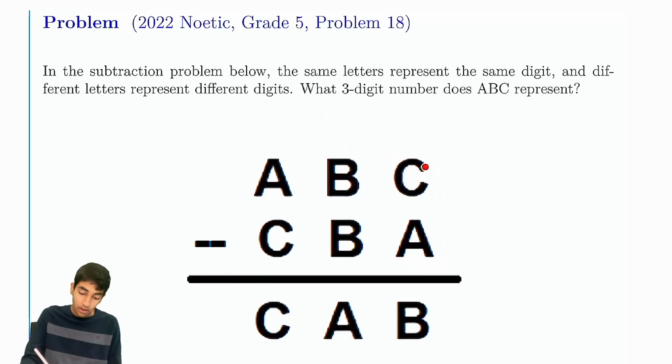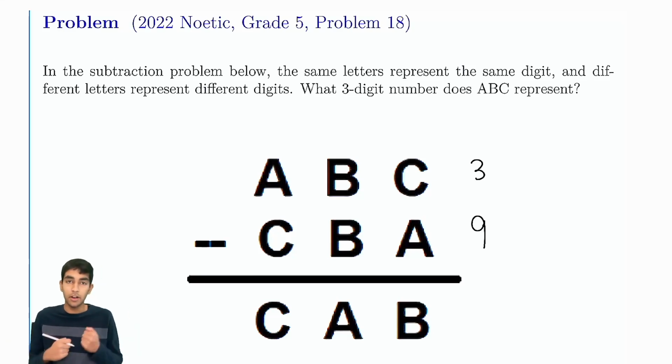So the question is, when we subtract C minus A, do we have to carry over or not? If C is bigger than A, let's say C was 9 and A was 3, for example, then we wouldn't have to carry over. But if C was less than A, then we would have to carry over. So now the question is, which is bigger, A or C?